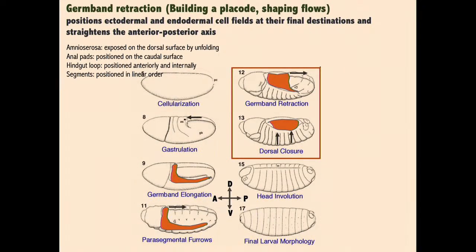Okay, so I'll start with germ band retraction, which is moving the tail to its final destination. And here we've focused on asking how do you build that onion type structure, the placode, and how do you shape the flows that move this group of cells to the posterior end.